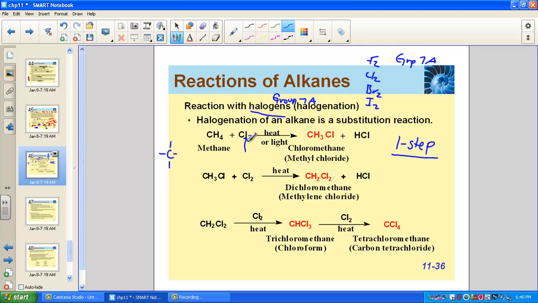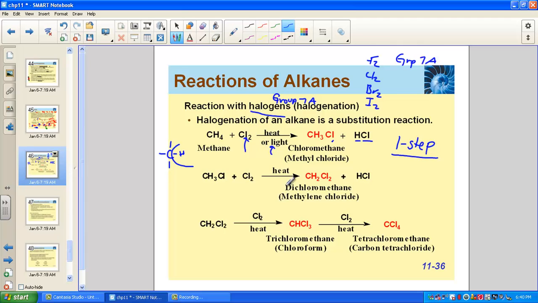When I take molecular chlorine and react it with a great deal of heat or light or some sort of impetus, some sort of activation energy to get the reaction to go, we'll break one hydrogen off and replace it with that halogenated chlorine. Notice that we get HCl as the other product. This hydrogen is cleaved off and replaced with one of the chlorines.